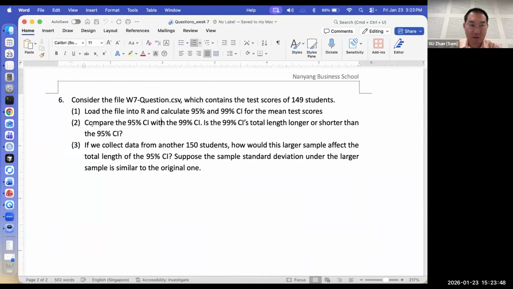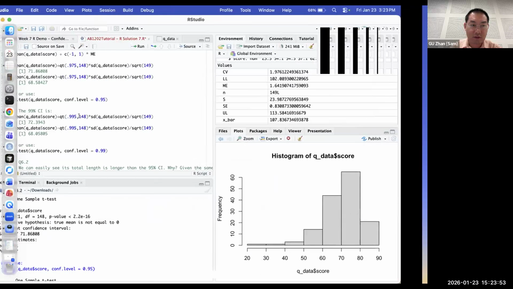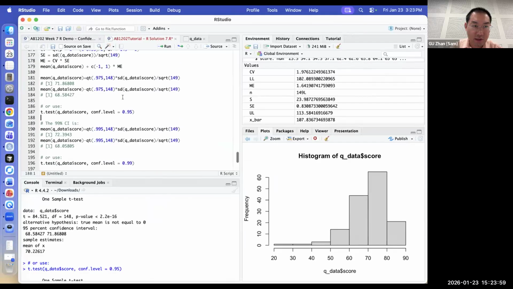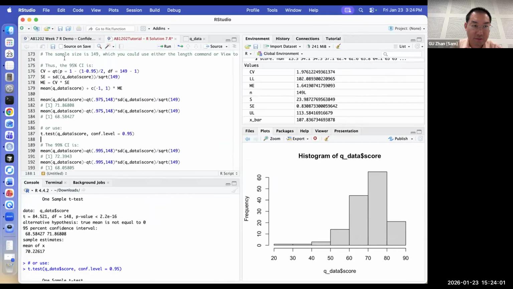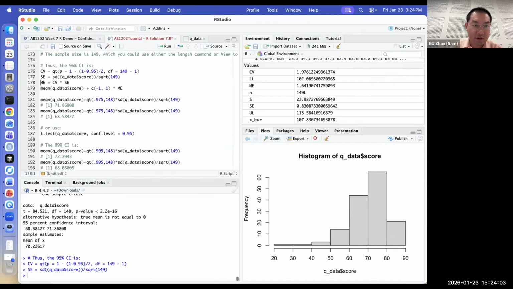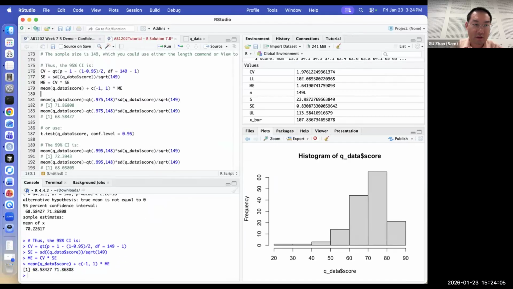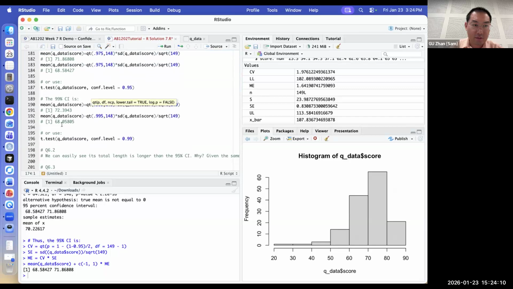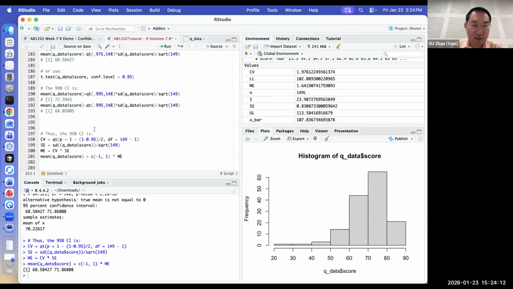Question 5: compare 95% with 99%, is the 99% interval longer or shorter? We already have 95. If you want 99, you can use the t distribution, but I do it this way: change 95 to 99 and run everything again.